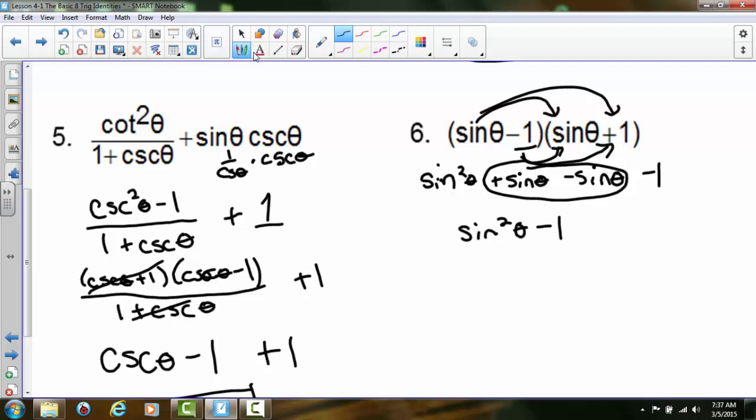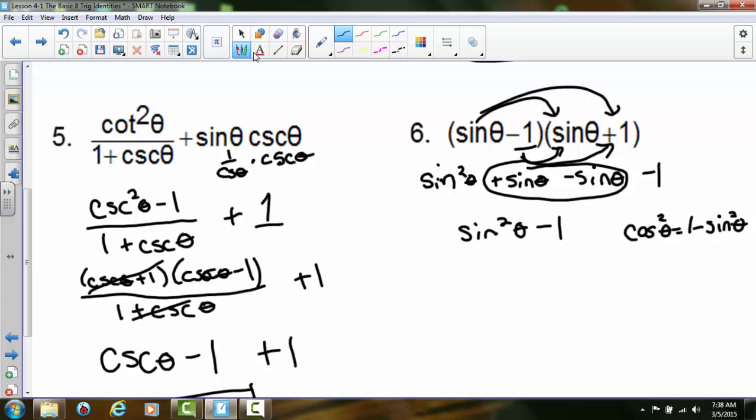Okay, so now I've got one term, but I've got this other number, so that's not exactly what they wanted me to have, right? So then I was like, well, sine squared theta minus 1, I don't have anything that says that. I have the one that says cosine squared theta, right, is equal to 1 minus sine squared theta. And that's close, but, you know, we can't do close. We have to actually come up with something.